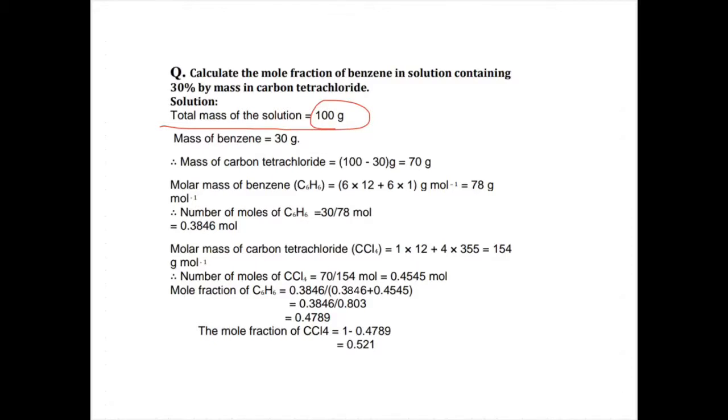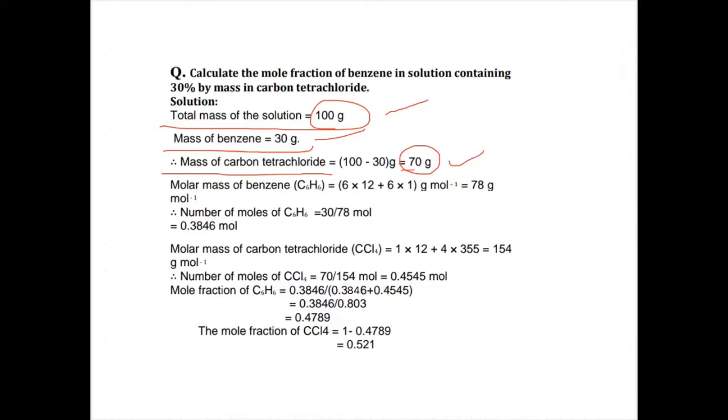Therefore the mass of benzene will be 30 gram, and the mass of carbon tetrachloride is 100 minus 30, which is 70 gram.